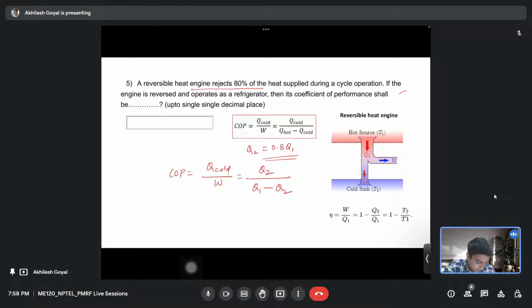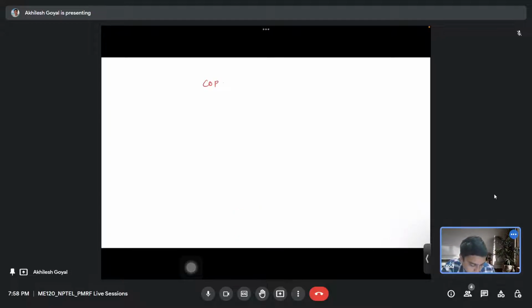Now putting the value of Q2, which is 0.8 Q1, divided by Q1 minus 0.8 Q1, that is 0.2 Q1.